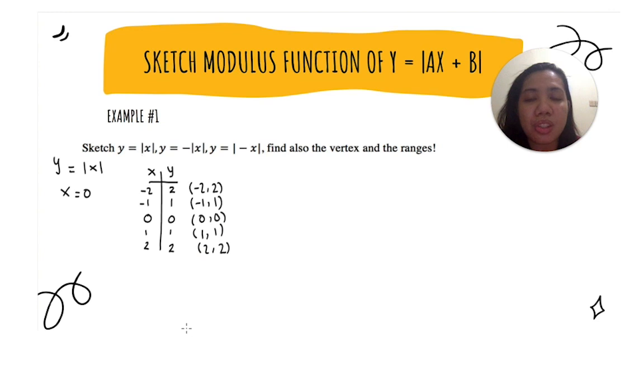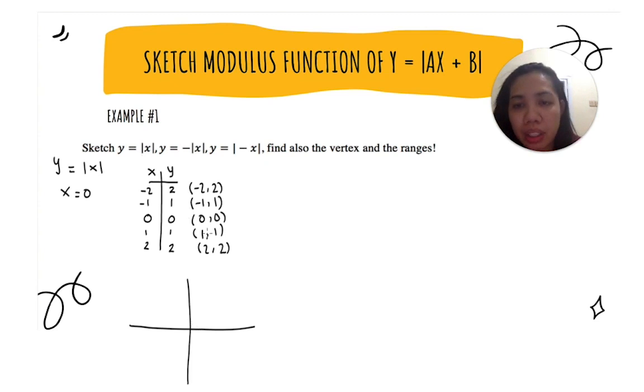Okay, now let's start to plot these points into the Cartesian diagram. So I'll make here the Cartesian diagram. Now put first the vertex point, 0, 0 in here. And then from the left, the point -1, 1. This is -1, this is -2, this is 1. So in here this is 1, this is -1, -2, 2, this is 2.